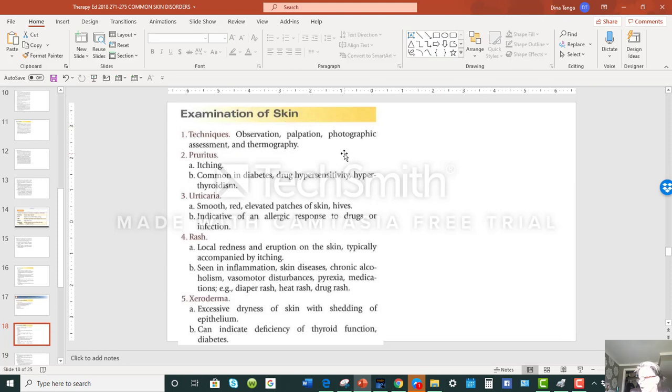Slow. Okay. I don't know why. Urticaria.